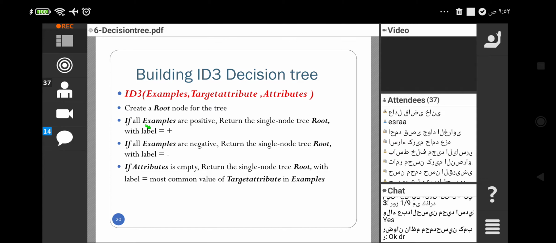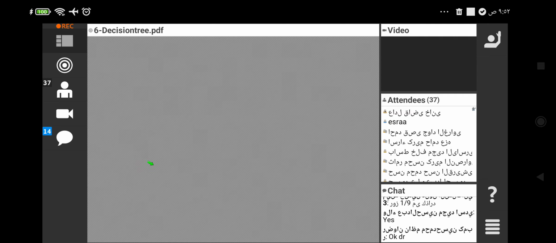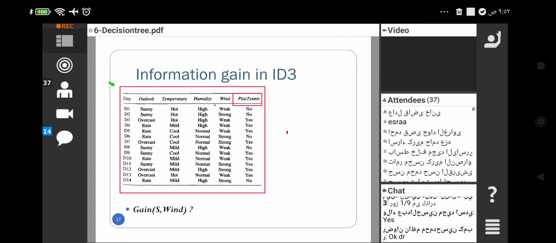The third condition says if the attributes are empty, then again we have to put a leaf node, and we can't grow the tree because we don't have any attributes. For example, in this example we have four features: outlook, temperature, humidity, and wind.